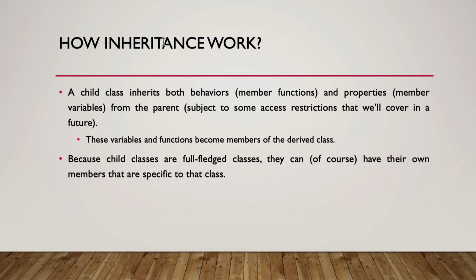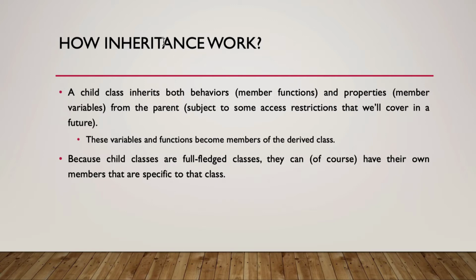A child class inherits both behaviors, meaning member functions, and properties, meaning member variables, from the parent, subject to some access restrictions that we will cover very soon. Remember, these variables and functions become members of the derived class.